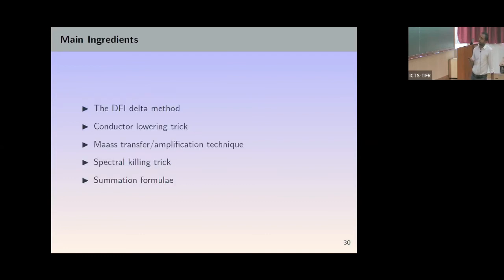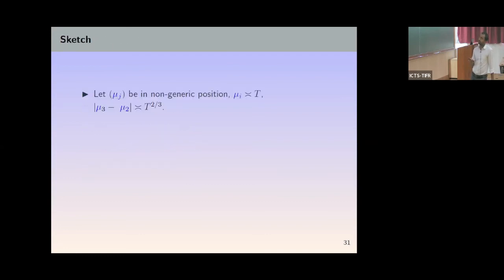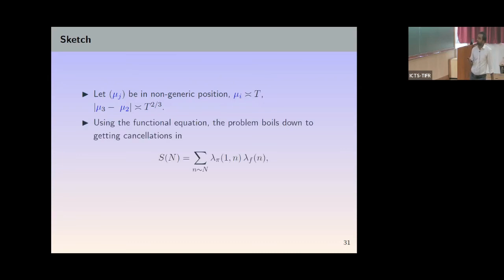Let's give a brief sketch of the proof. Let's take these forms to be in non-generic position, which was one of our results. Take mu1 to be of size T, and take mu2 and mu3 of size T to the power 2/3, so their difference is smaller. If you apply the functional equation, the problem boils down to getting cancellation in these exponential sums.